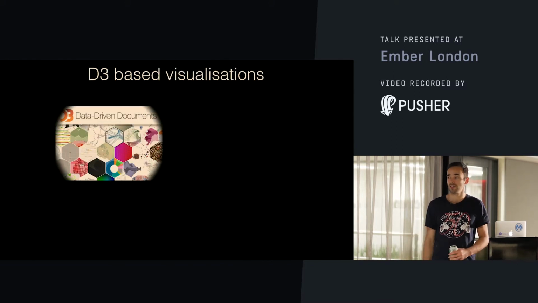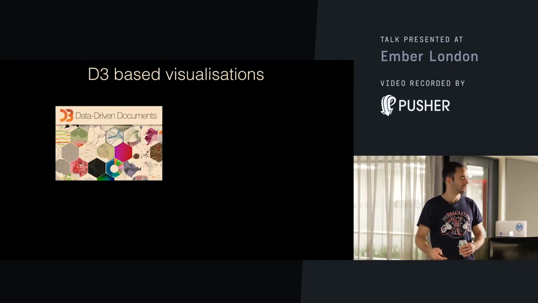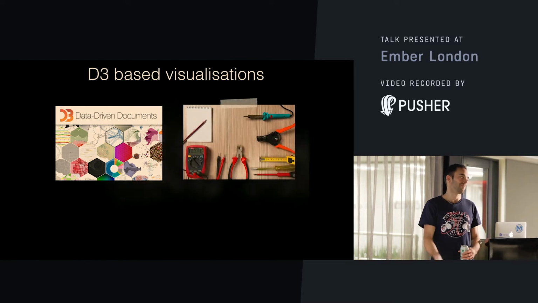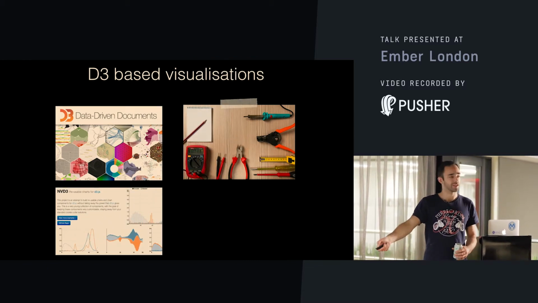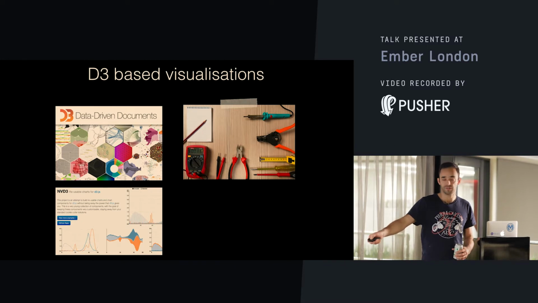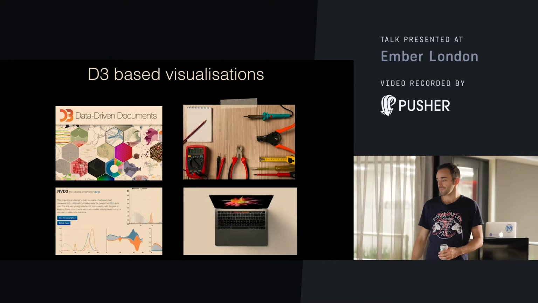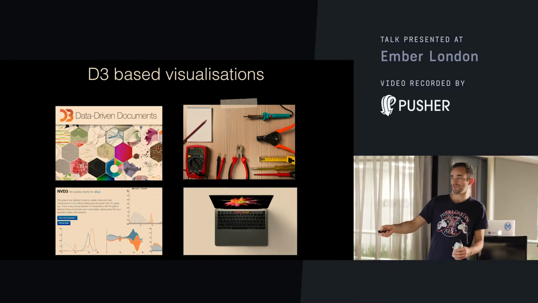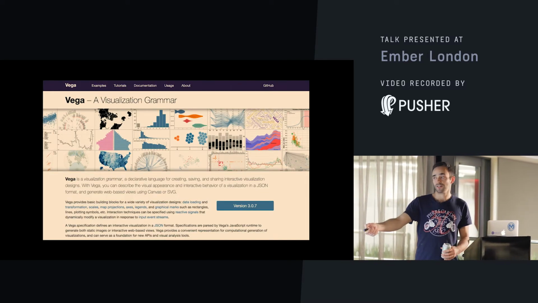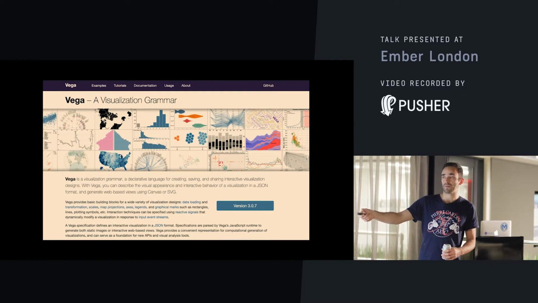And D3, we all know what D3 is. Anyone use D3? D3 is like SVG. It's a tool set. You've got NVD3, which is the easy chart wrapper around D3. You've got Vega, which is another wrapper around D3.